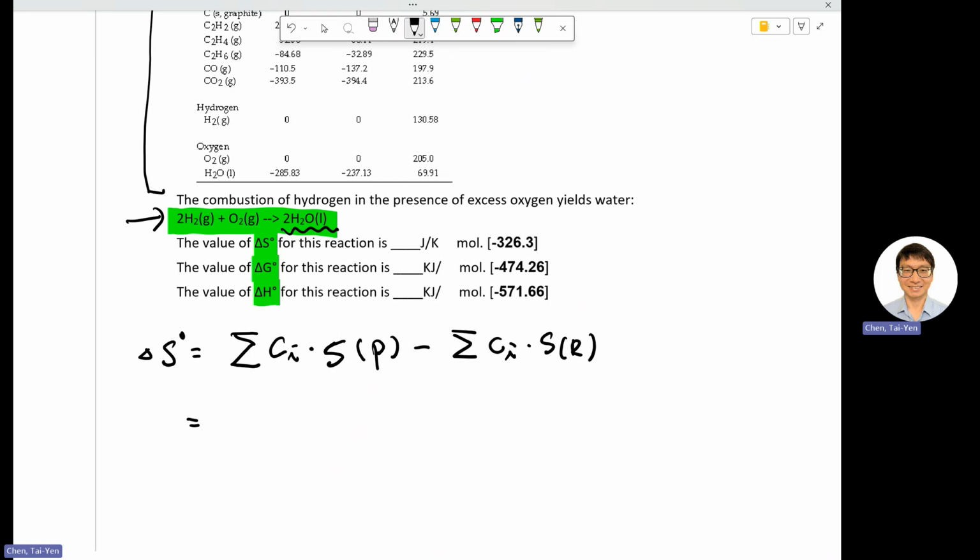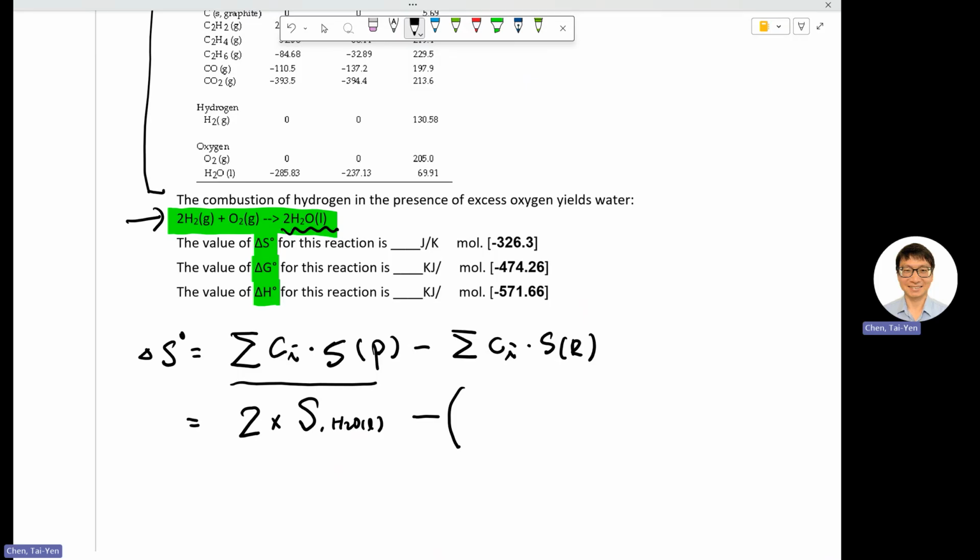So the coefficient is 2, and you want to know your entropy of H2O in the liquid form. Let's see what you're going to have for the first term. The second term, you have 2 reactants, right? One is H2, gas form. One is O2, gas form.